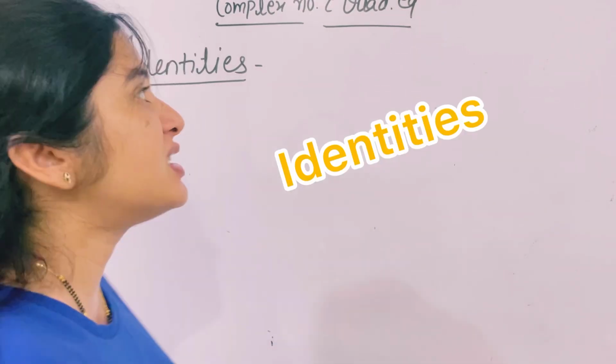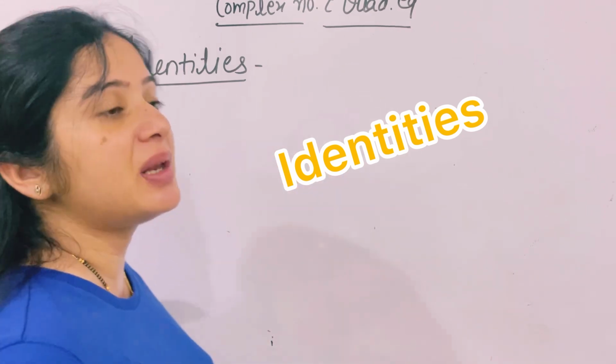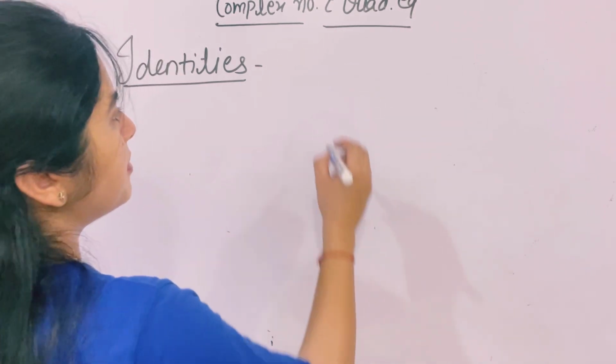The identities for the real numbers are similar for the complex numbers.